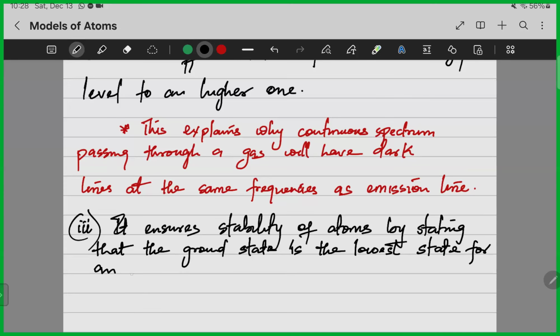So the ground state is n equal to 1, and there is no other lower state. Just know that the ground state is the lowest state for an electron, n equal to 1.